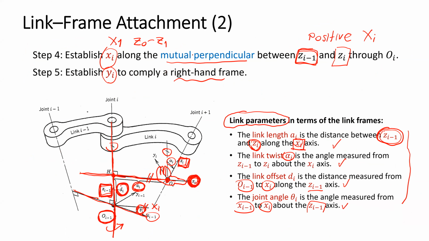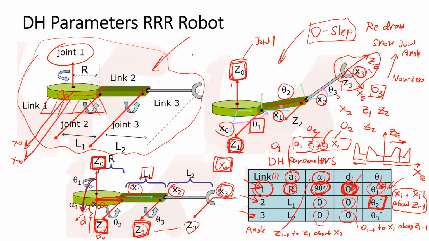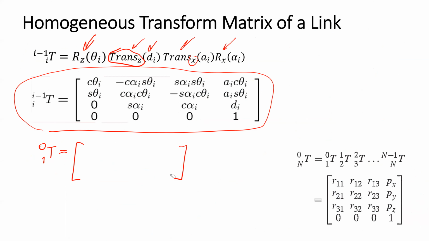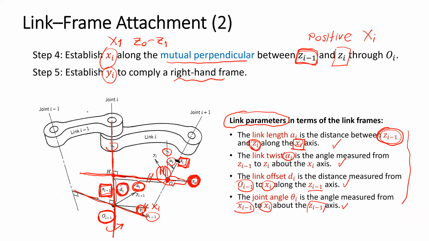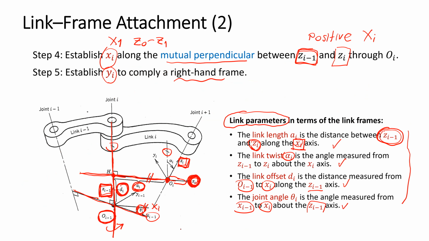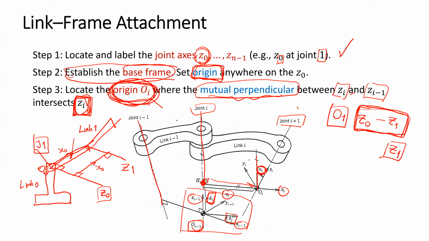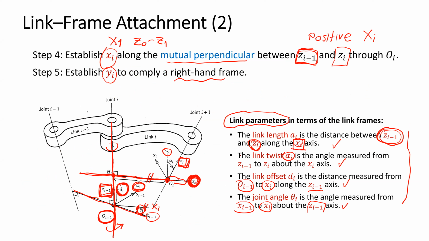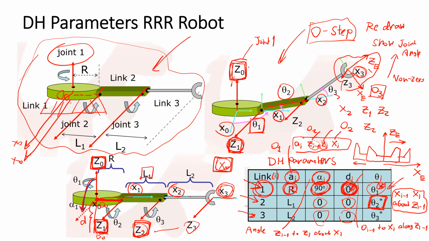And the final step, we need to rotate about the x-axis to change the direction by alpha angle, so that we transform this frame to this frame. We need 4 steps. The last step is to rotate about the x-axis with alpha angle.